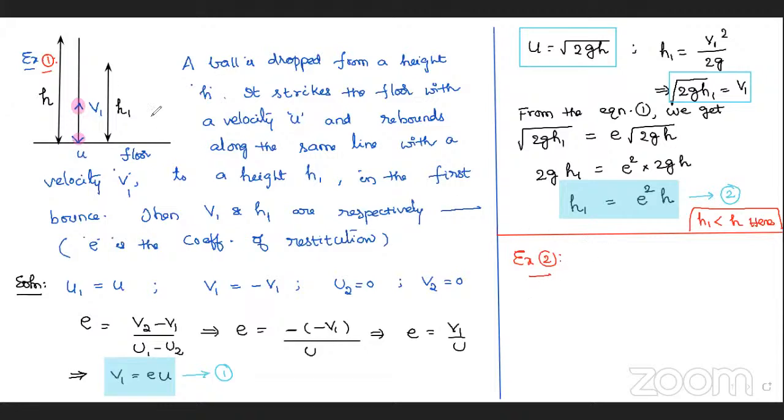Here again it falls down and strikes the ground with what velocity? Suppose it is raised with a velocity v1. In kinematics, that is motion in a straight line, suppose I throw a ball vertically upwards, it reaches a maximum height and again falls down. While falling down, with what velocity does it strike the ground? If it is projected with a velocity u, does it strike the ground with the same velocity or a different velocity?